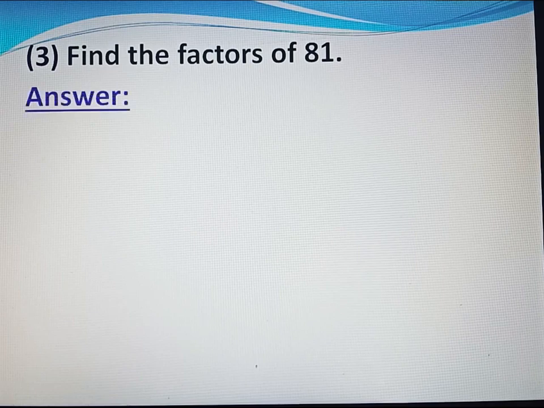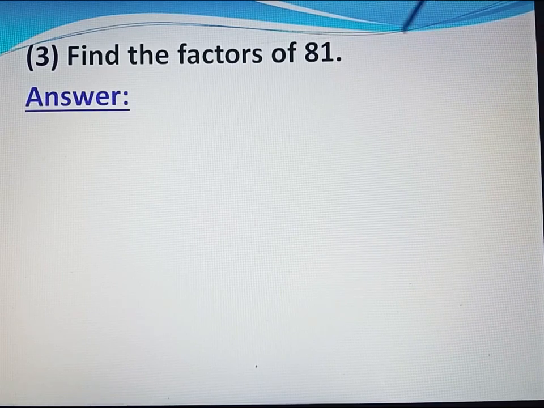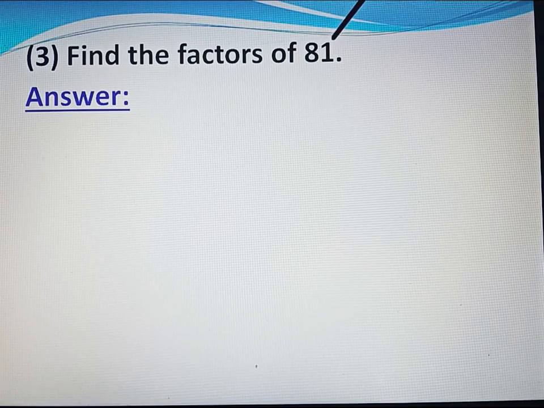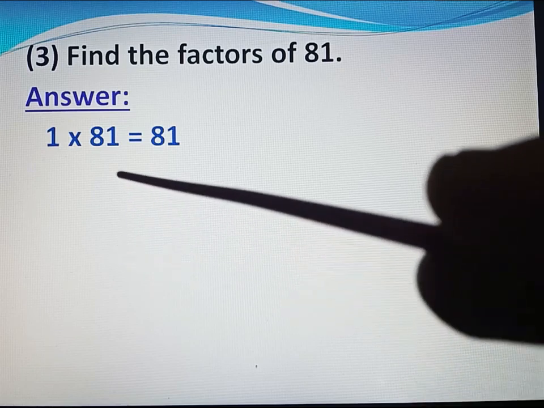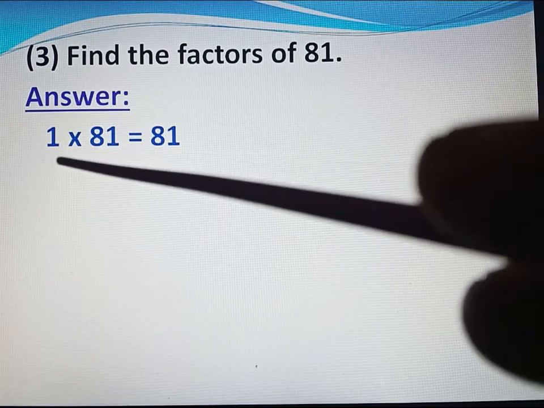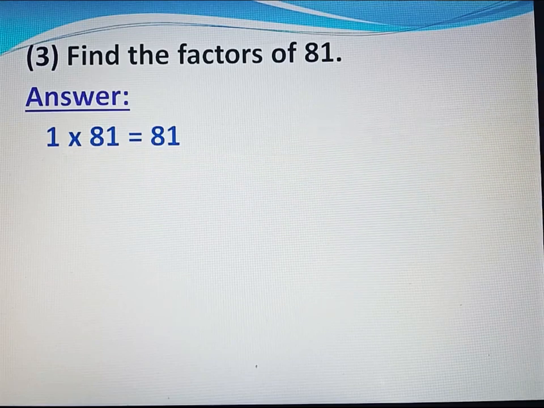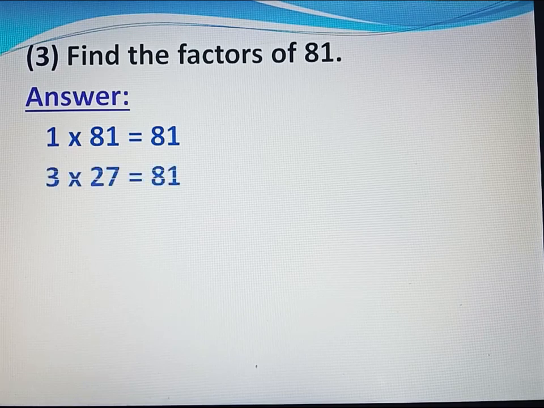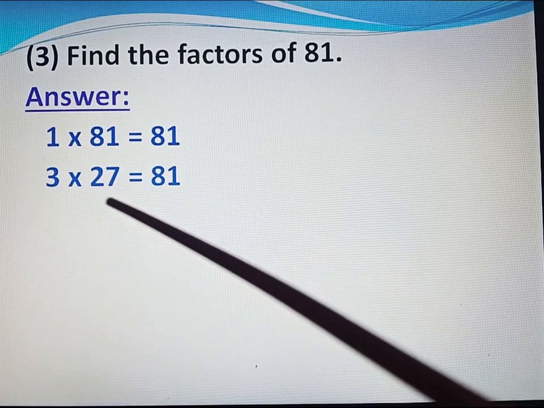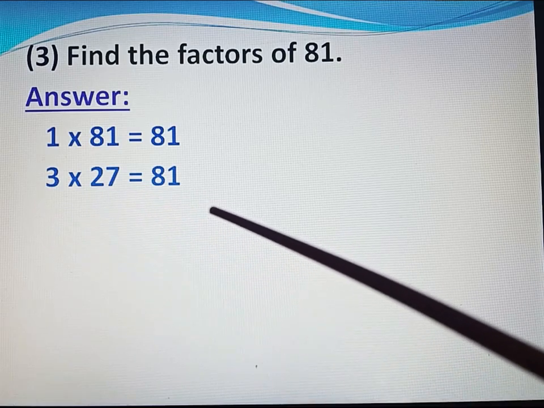Answer, see, हमें 81 के फैक्टर्स निकालने हैं. देखो 81 मीन्स हमें ऐसे नंबर्स में मल्टीप्लाई करना है दो नंबर्स को कि आपका जो आंसर आए, प्रोडक्ट आए, वो क्या है? 81. आंसर सी 1 मल्टीप्लाई 81 इक्वल 81. तो वी कैन राइट 81 मल्टीप्लाई 1 इक्वल 81. नेक्स्ट सी 3 मल्टीप्लाई 27 इक्वल 81 और 27 मल्टीप्लाई 3 इक्वल 81.